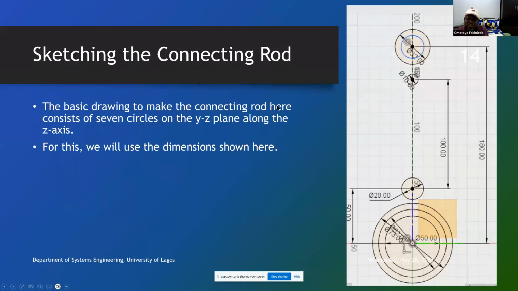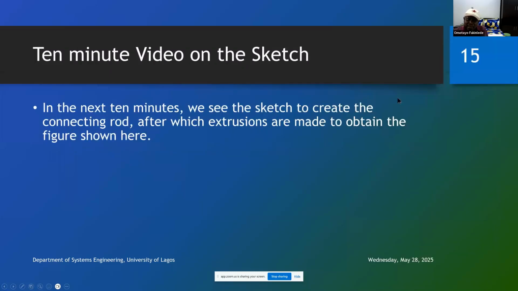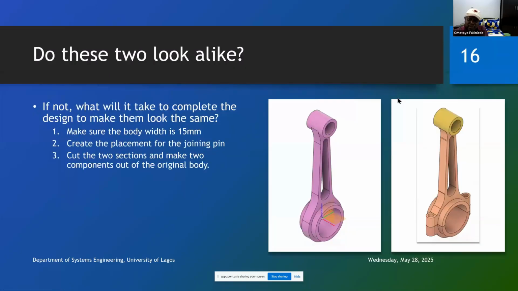I will do them. You'll see how I do them. And then after that, you are going to do some things and you will extrude and get what you have on the left-hand side. But later on, you will see that what we really want is the connecting rod on the right-hand side. But if we can do this one today, then another time we will see how you add the complications that you see here to it and make it two part.